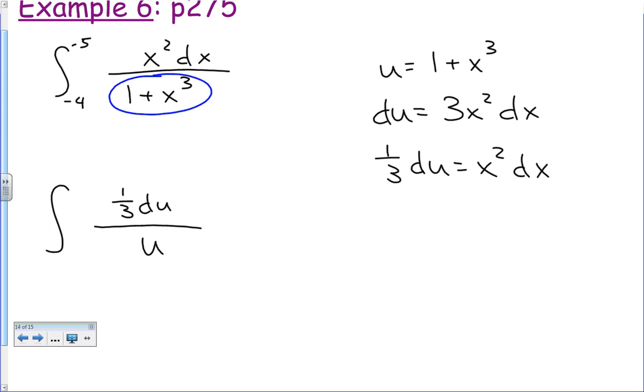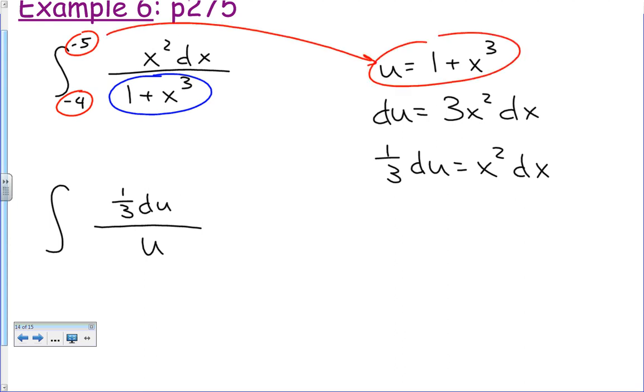Now again, remember the endpoints change. I can take these values and plug them into this little formula. This formula tells me how I convert x values over to u values. So let's start with the -4, the lower bound. When I take -4 and plug it in there, -4 cubed, 4 times 4 is 16 times 4 is 64, and it's negative.